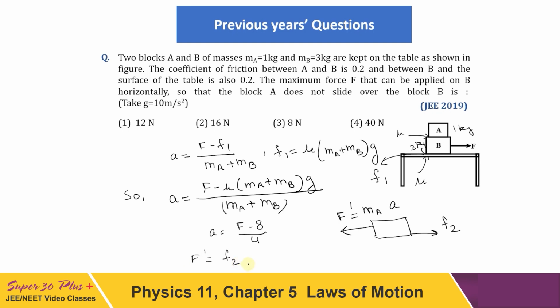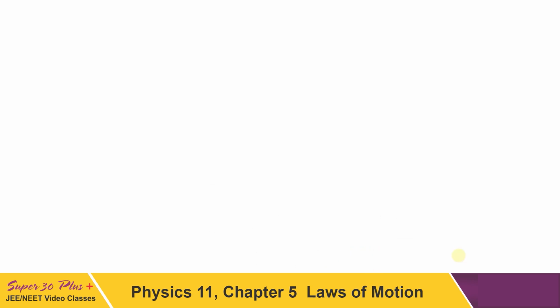So it will give the equation MA A is equal to mu MA G. And on solving the numerical values, it can be written as A is equal to mu G, that is equal to 0.2 into 10, which is 2 meter per second square.